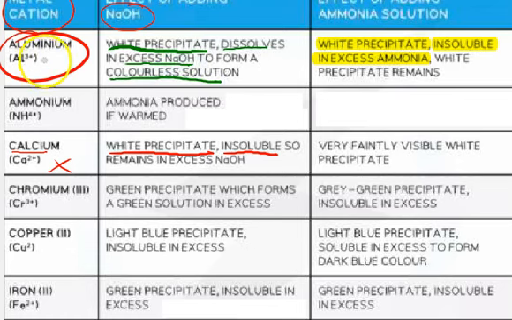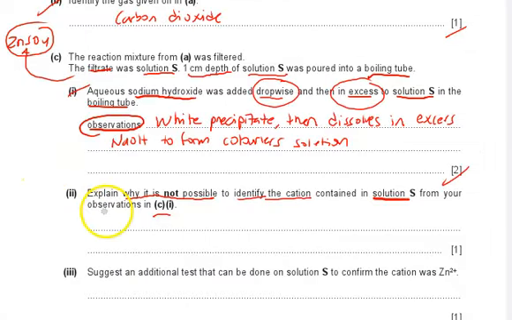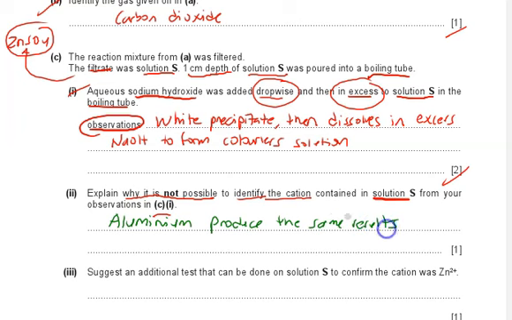So aluminium and zinc share the same results. That's why we cannot identify which one it is. So you can also say aluminium produces the same results.